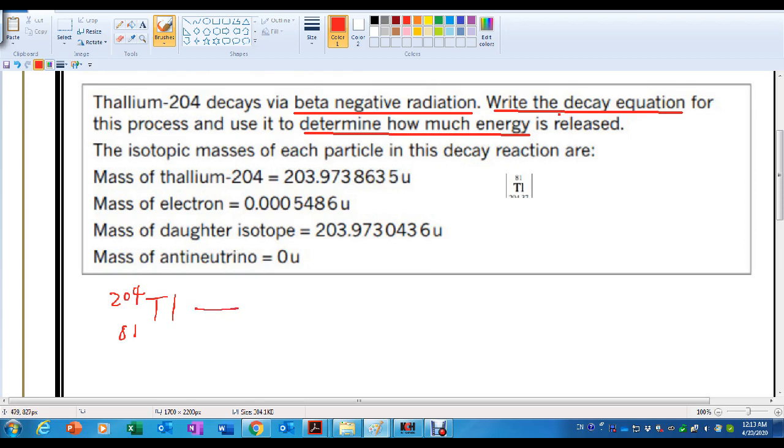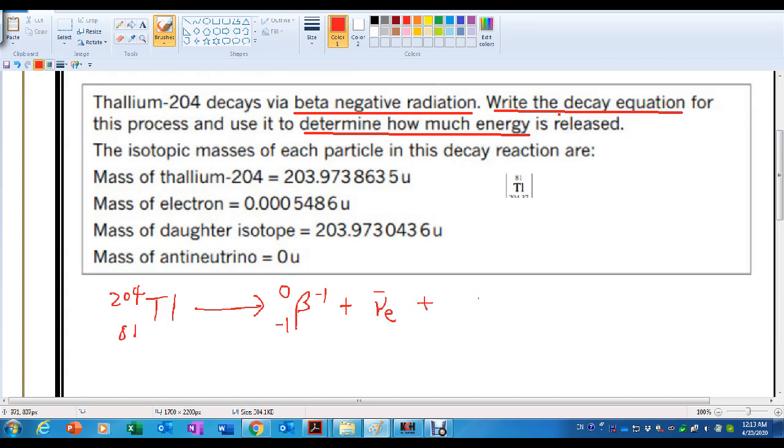When that decays, it becomes beta negative, right? So beta negative actually is an electron. For electron, still remember how to write the mass number and atomic number. Of course, mass number is 0, but atomic number should be -1 because the charge of electrons is -1. Plus the anti-electron neutrino, that's the symbol.